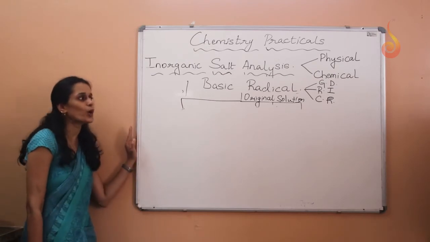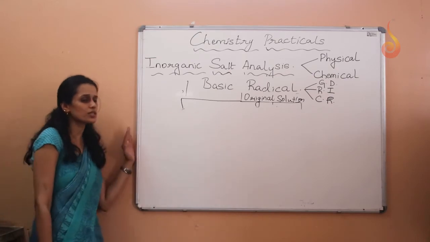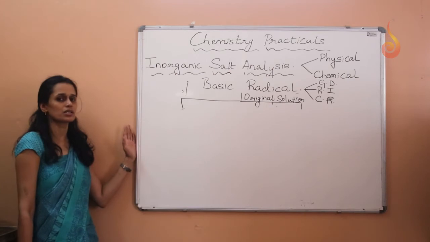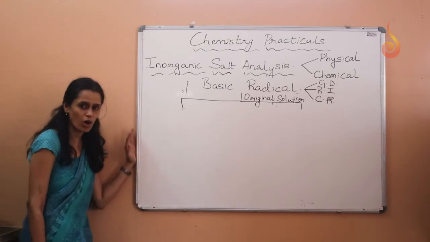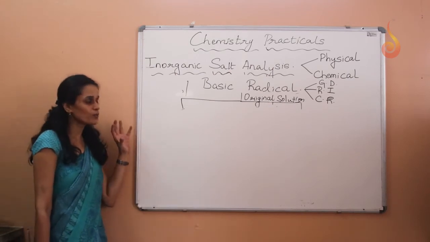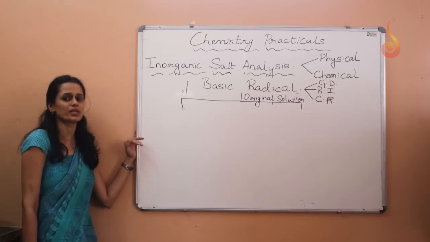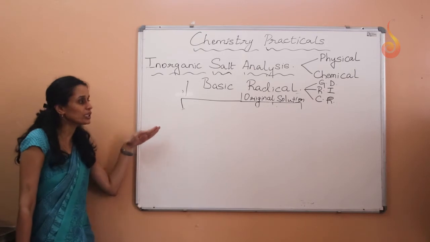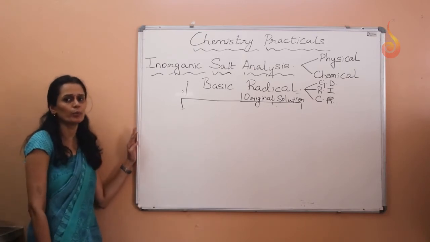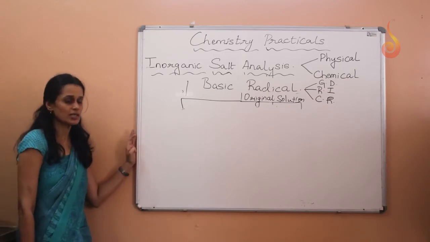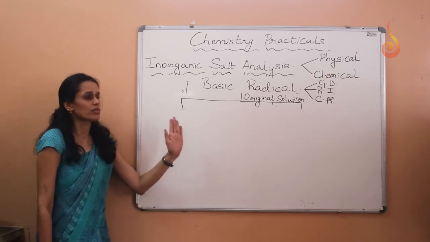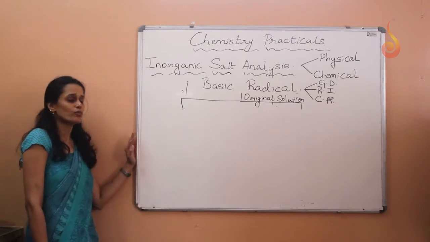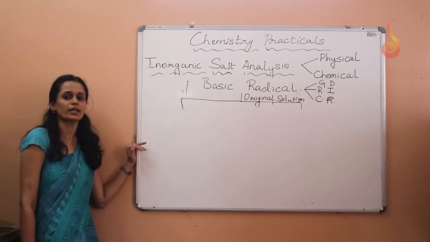So in third group, what did we do? We used the original solution. To that we added ammonium chloride crystals and ammonium hydroxide solution. If we observed a white colored gelatinous precipitate, then we stopped there itself and confirmed the radical by performing the confirmatory test. But right now we observe there was no precipitate, so that's why we have gone to fourth group detection.